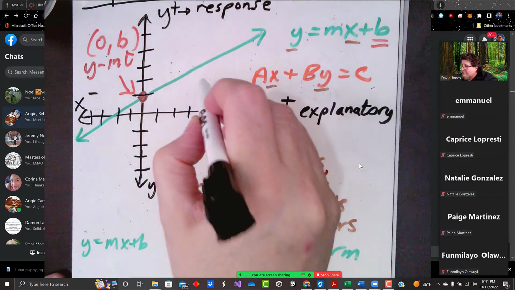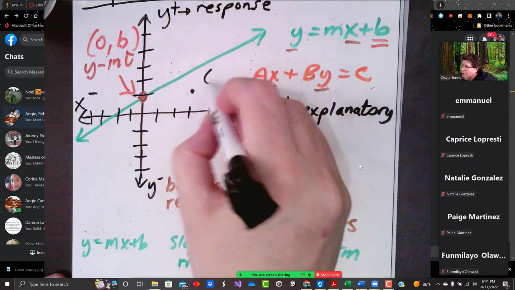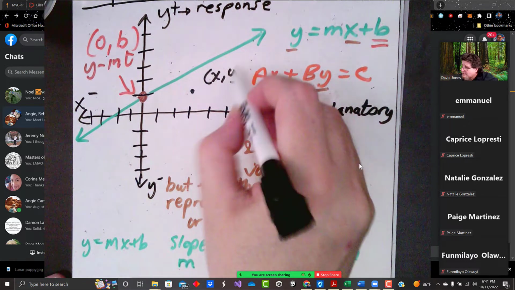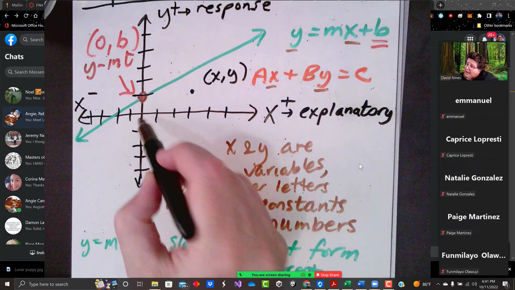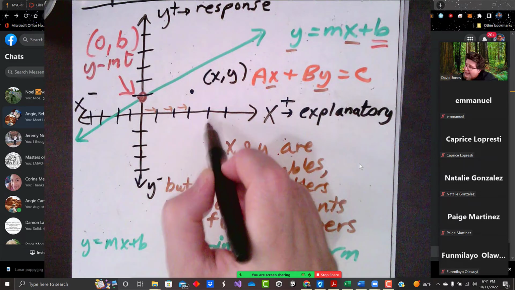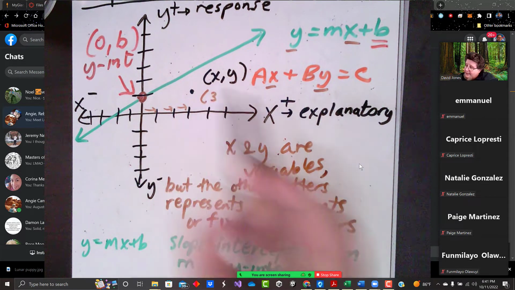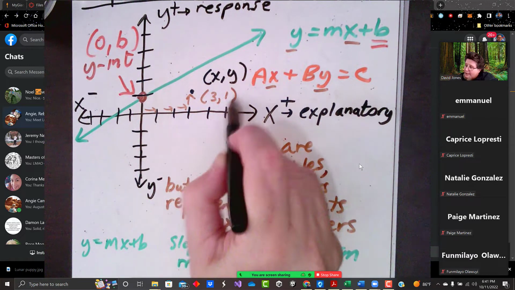And we list any given point on there as a coordinate (x, y). This point right here, I can figure out what it is by counting over. I have gone over 1, 2, 3 lines. That's my x value, 3. And I went up 1 line, so my y value is 1.